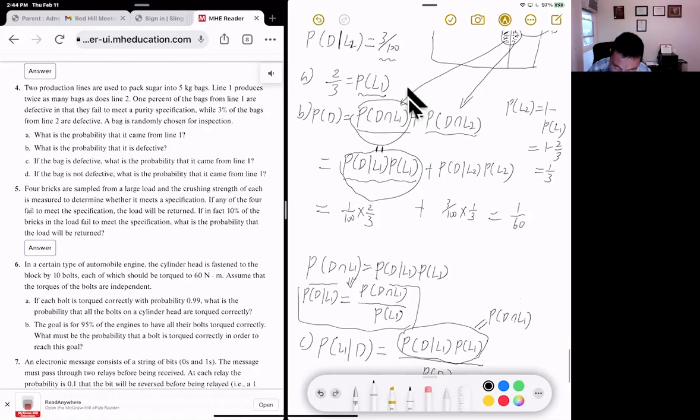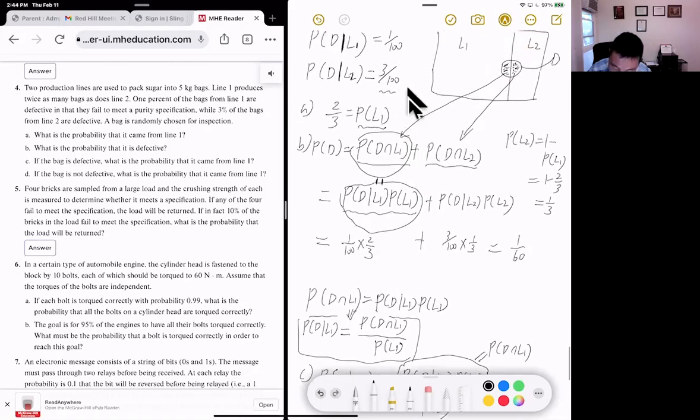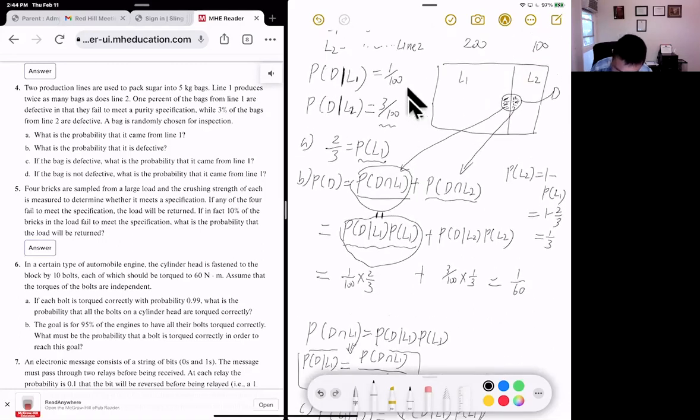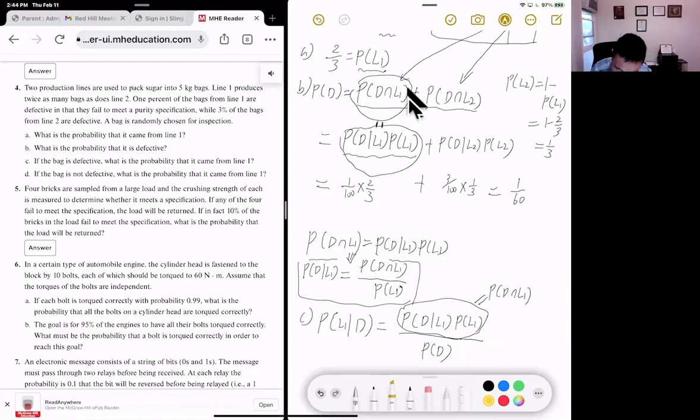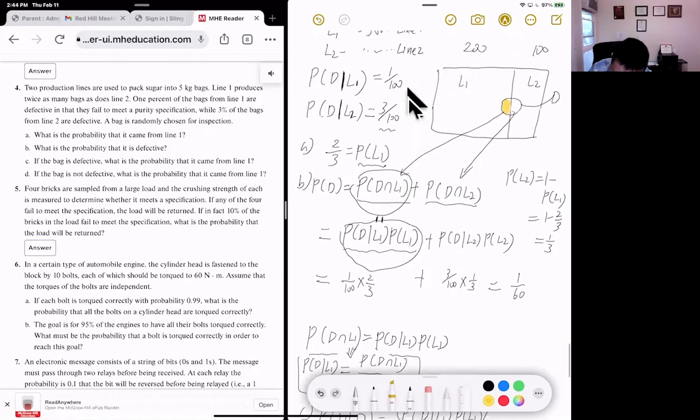From the Venn diagram, P(D and L1) will be this area. So this area over P(D). And P(D) is just the whole circle of D.